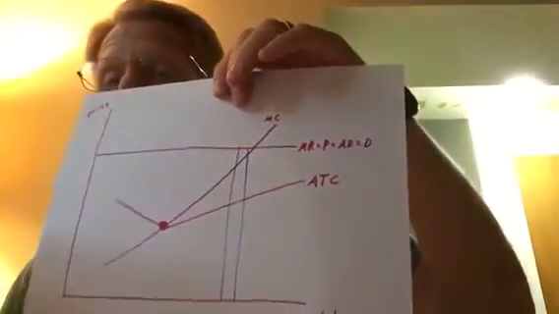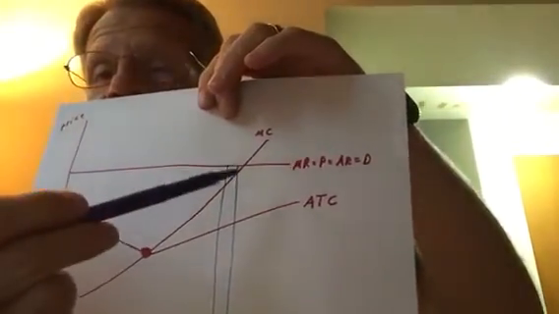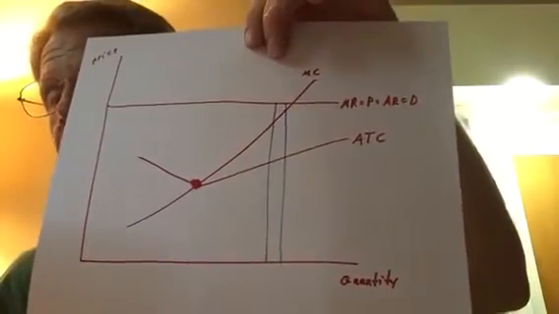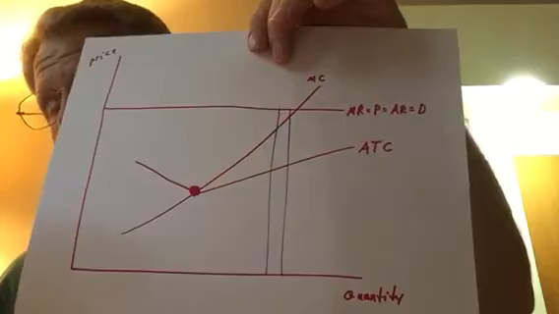Now, what about this one? Oh, I'm going to draw it really close. Super duper close to where MR equals MC. Now, do you see that little gap of profit on that unit? It's teeny tiny, but we did make a profit on that unit. Maybe it's a penny. So do it. Now, what about the one where MR equals MC? Right there.